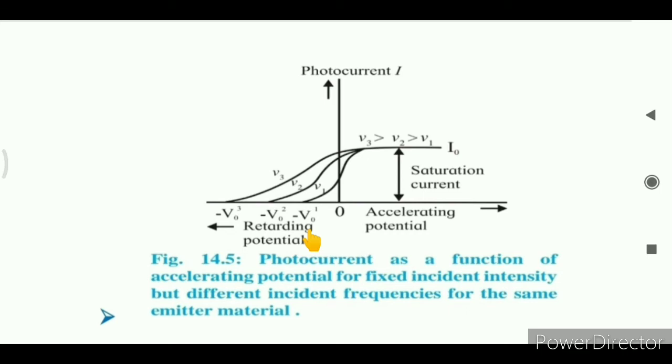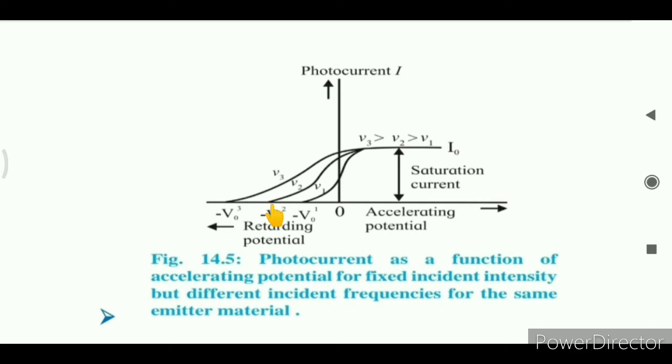Then next we change the frequency to nu 2, which must be greater than nu 1. When the frequency is changed, the photoelectric current decreases as the negative potential increases, and the photoelectric current becomes 0 at another applied potential for the frequency nu 2.